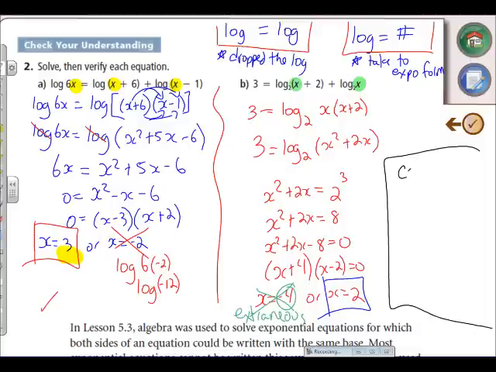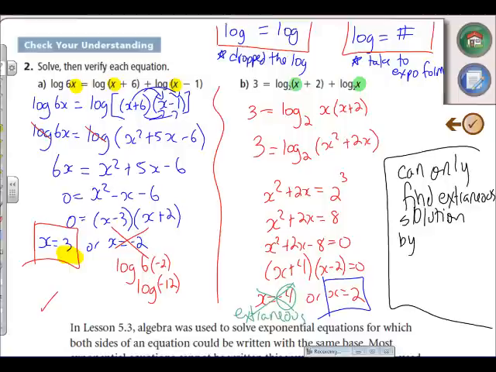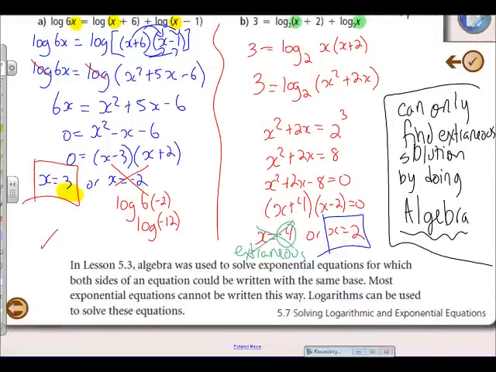You have to do it algebraically. You can only find extraneous solutions by doing algebra. You cannot solve it graphically and get that answer. That's why I think they might try to throw something like that at you.